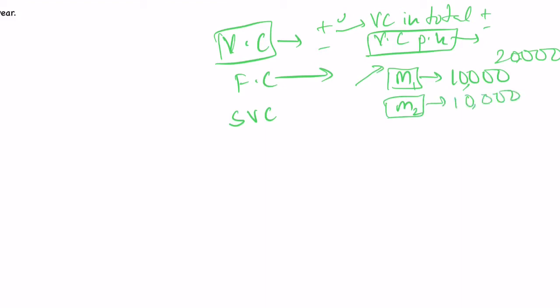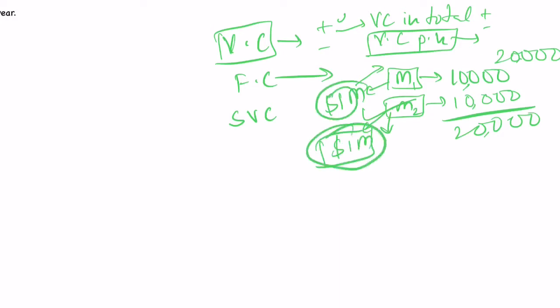Correct? So when you take another machine, you need to put in extra fixed cost. For this machine, assume you have put $1 million, and for the other machine again you need to put $1 million. Has it doubled now? Yes. But assume you just want to increase it to 15,000 only, but still you have to buy another machine, so the fixed cost is going to be $2 million only.